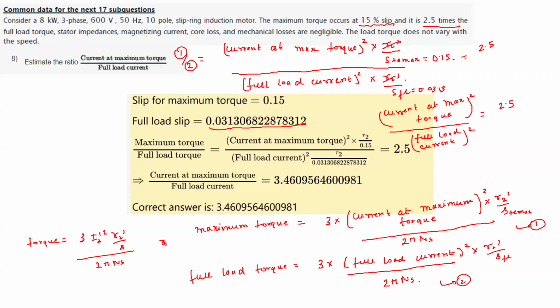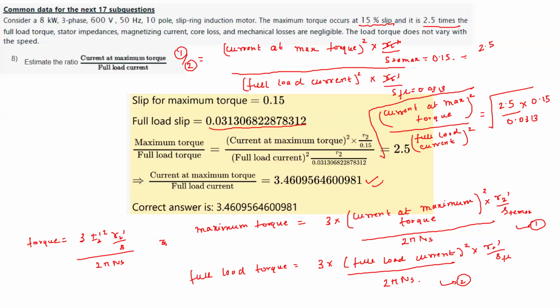So 0.15 will come in denominator here and 0.0313 will go in numerator. And after the cross multiplication, it will become 0.0313 into 0.15. Okay. So you take the square root on both the sides. If you do that, you will get this ratio of the current as this value. So if you substitute, you will get this value, 3.46, whatever they have given.